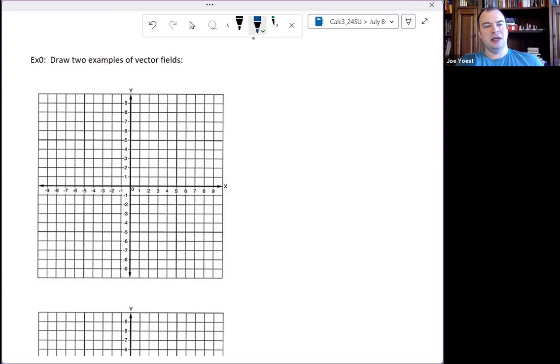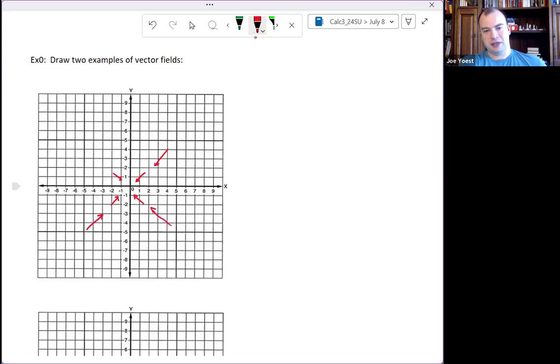Okay, so tons and tons of vector fields we could draw. A couple maybe interesting ones, something like this. I'm actually going to draw this in red. I think it'll show up a little better. We could have something like this where we maybe have all of our vectors pointing towards the origin. And when our vectors are close to the origin, they're small in magnitude.